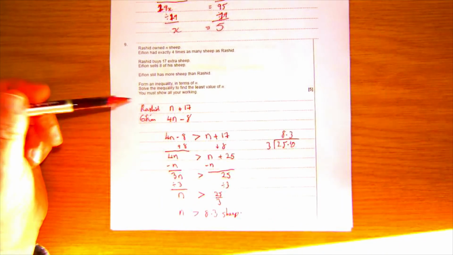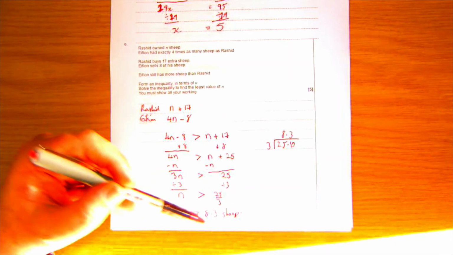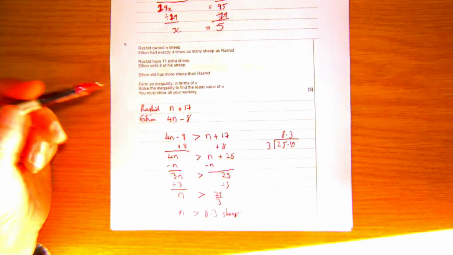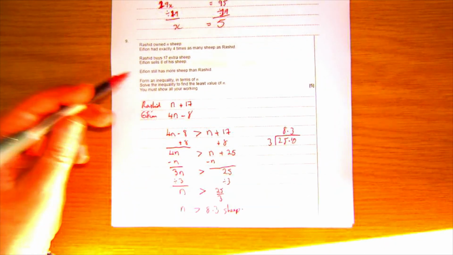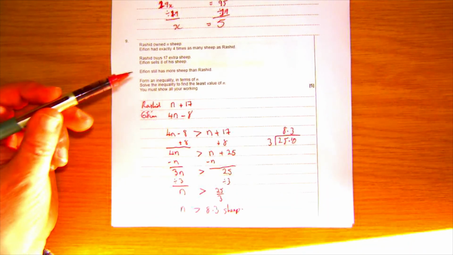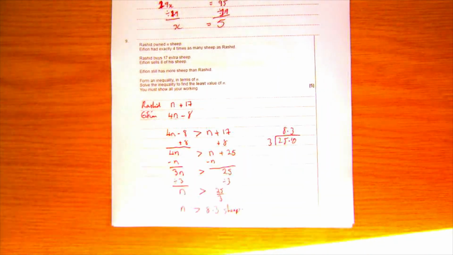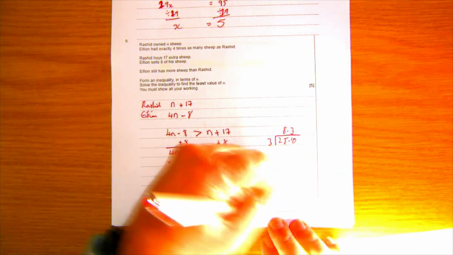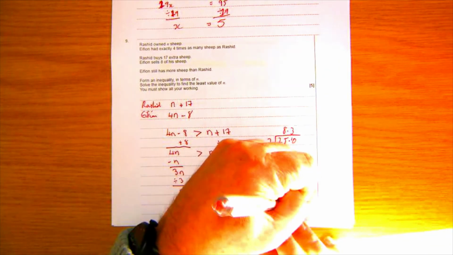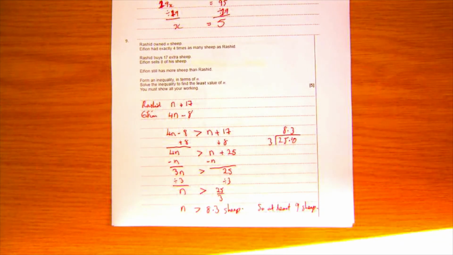The question's asking you, find the least value of n. So the fewest, you can't have 0.3 of a sheep unless you go to a butcher's. These sheep are alive. So in order for Ivion to have more sheep than Rashid, n needs to be 9. So at least 9 sheep. So n is at least 9.